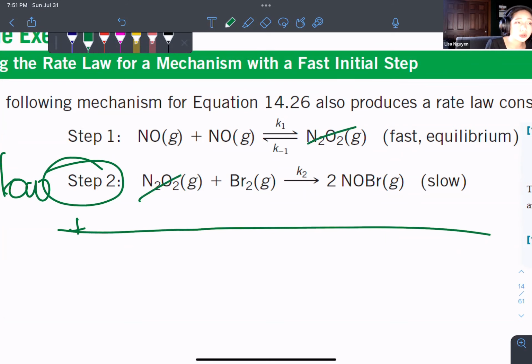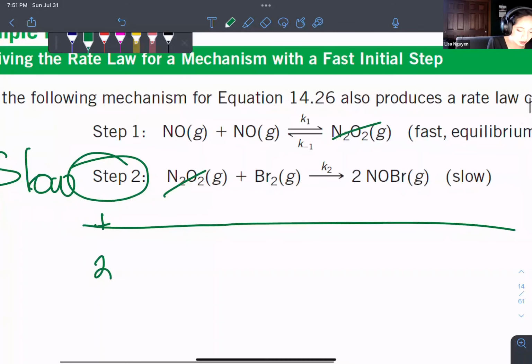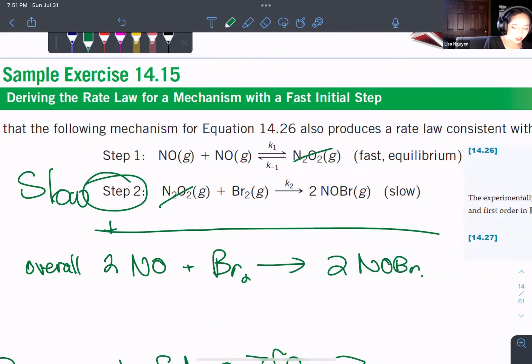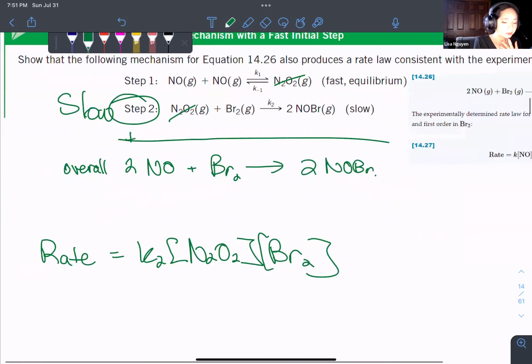It's produced, then immediately consumed. So the overall reaction, if you just add up these two reactions, is 2 NO plus Br2 gives you 2 NOBr. So I need to make sure when I write out my entire rate law that it only contains things in my reaction. N2O2 is an intermediate.